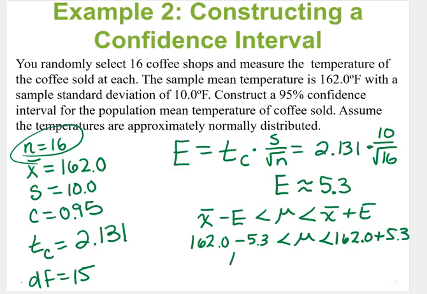So that gives me 156.7 and 167.3. So I am 95% confident that the mean temperature of the coffee is between 156.7 degrees Fahrenheit and 167.3 degrees Fahrenheit.